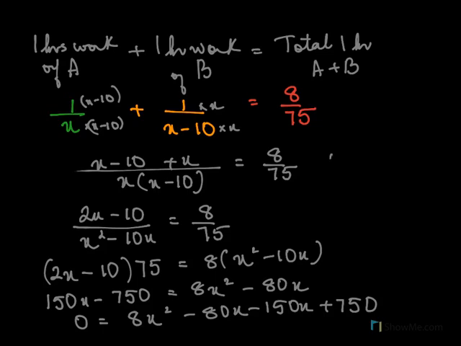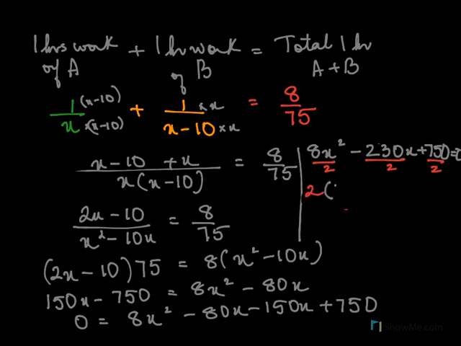So when you solve this, you get 0 equal to 8x square minus 230x plus 750. This is my equation. I can take 2 common throughout, divide by 2. What remains here is 4x square minus 115x plus 375 equals 0.